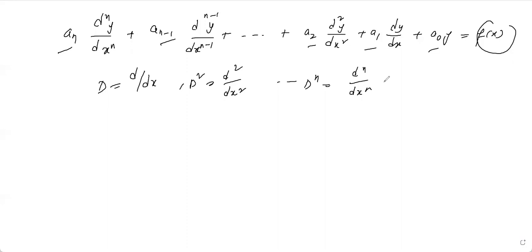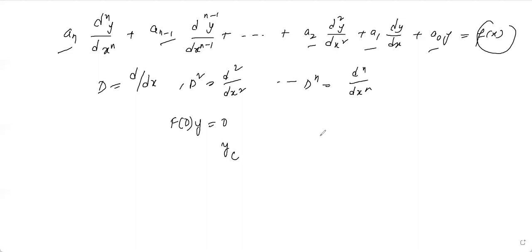Now let us solve a few problems. Suppose we have a differential equation, and to find the general solution of an ordinary differential equation f of D of y is equal to 0, we have only the complementary function, which is represented as yc.